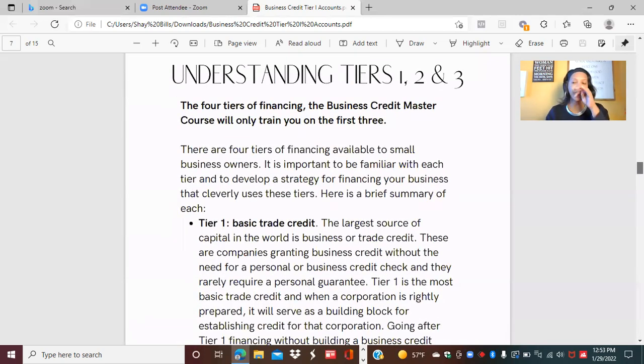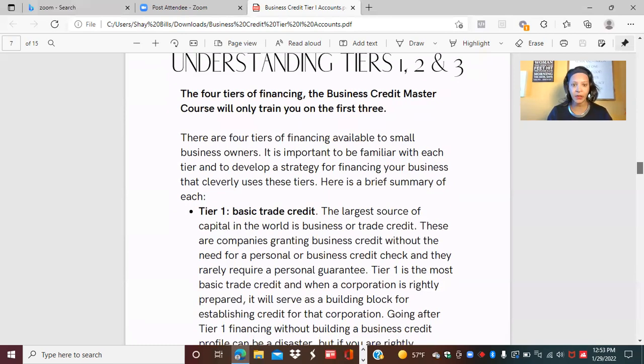So I've broken down to you what the 3 tiers are, okay? There are 4 tiers. Actually, there's up to like 6 tiers, okay? But of the 4 tiers of financing, the Business Credit Master Course will only train you on the first 3.